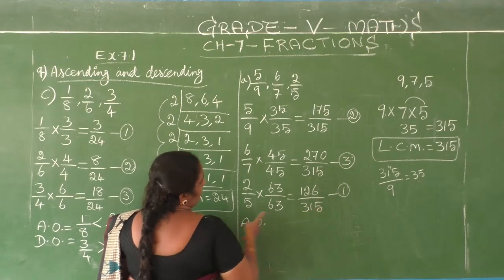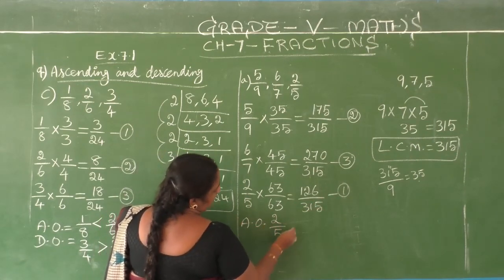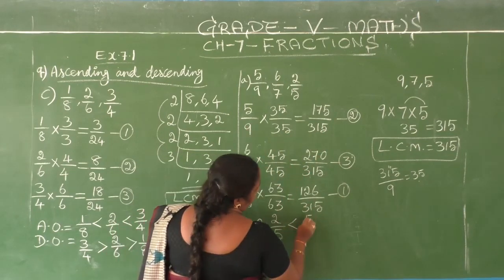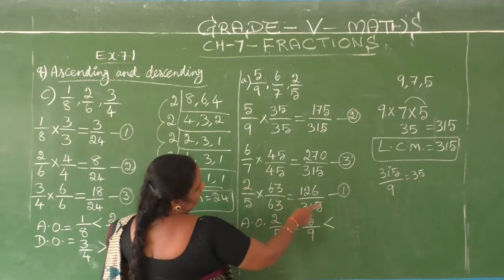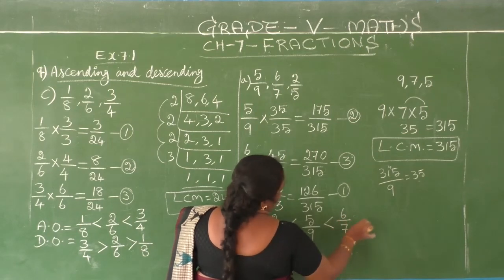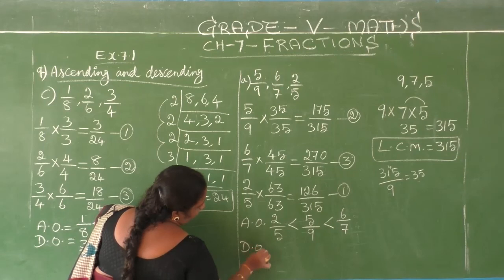So what is the actual fraction for this? 2 by 5 is less than 5 by 9, less than 6 by 7. Then arrange the fractions in descending order.